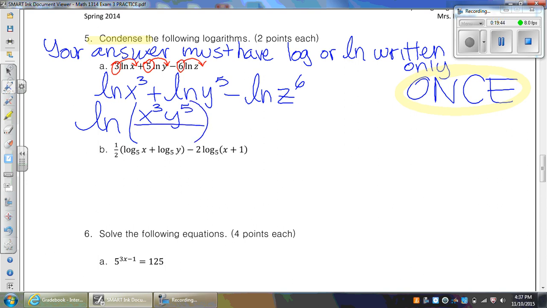Why are they in the numerator? Because they both have positive. And then for z to the power 6, that will be on the bottom. Why? Because it's negative, right? Okay. Now let's move on to the next one.